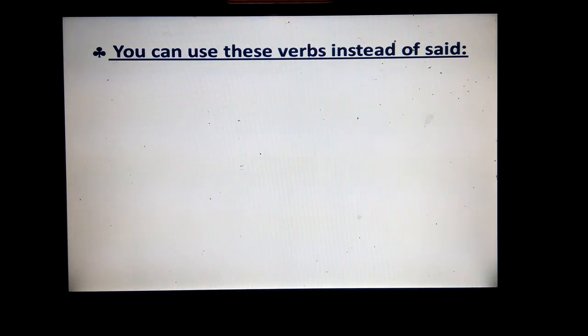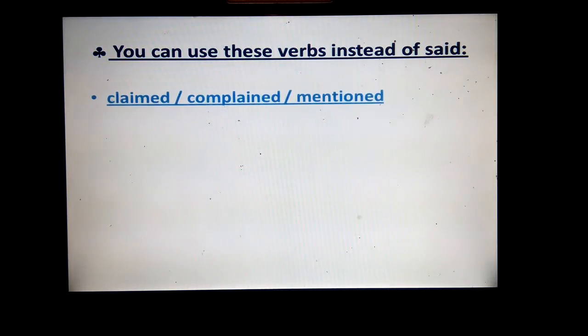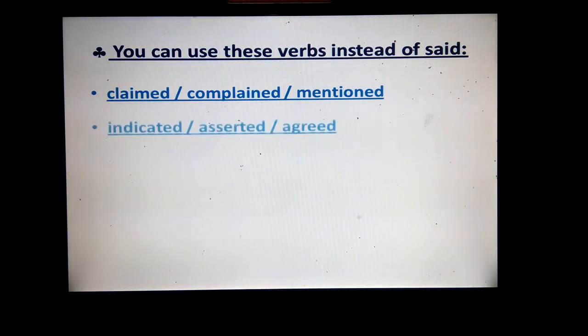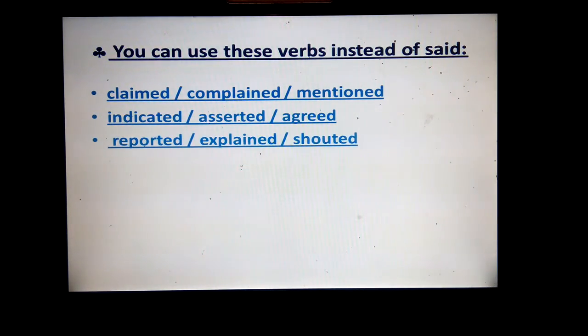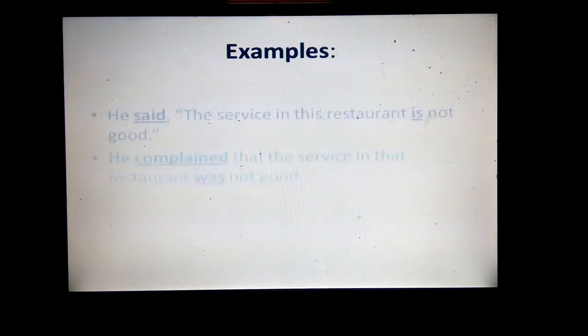You can use these verbs instead of said. بدل من said ممكن نستخدم هذه الأفعال. Claimed, complained, mentioned, indicated, asserted, agreed, reported, explained, shouted. Examples.